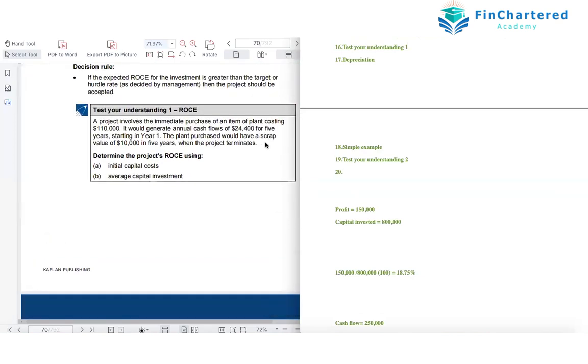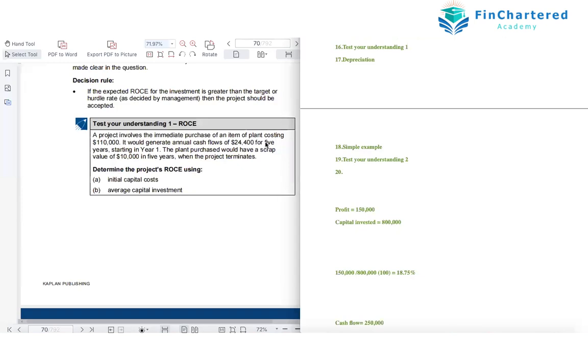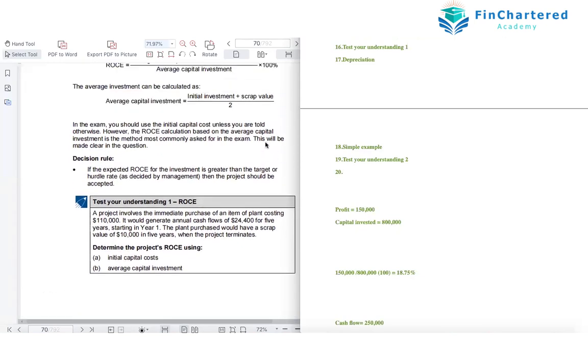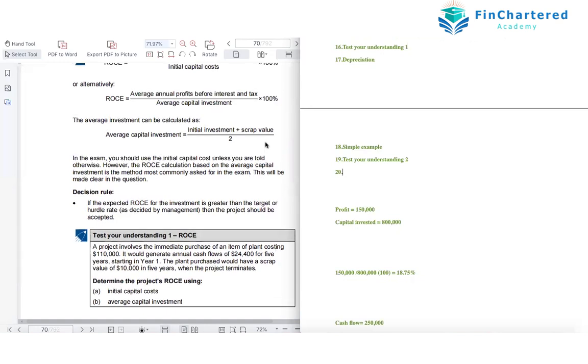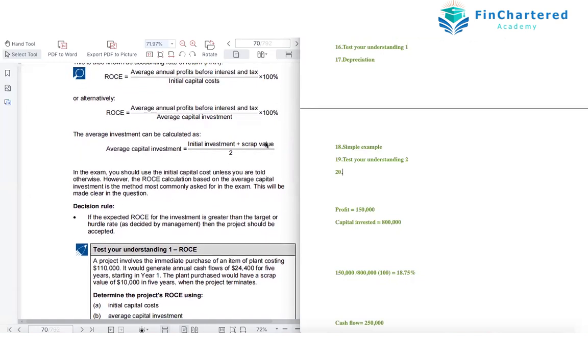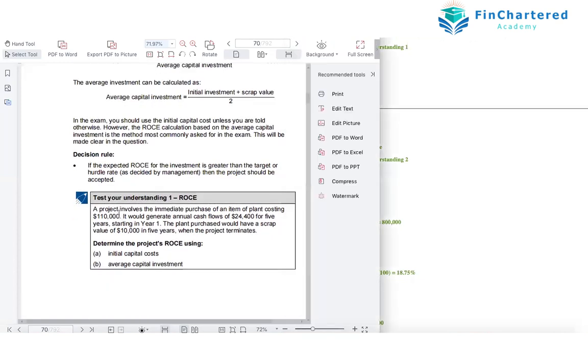The other way of calculating ROCE is to get the average capital investment. You'll not take the initial investment. Initial investment in this case was 100,000. Right?